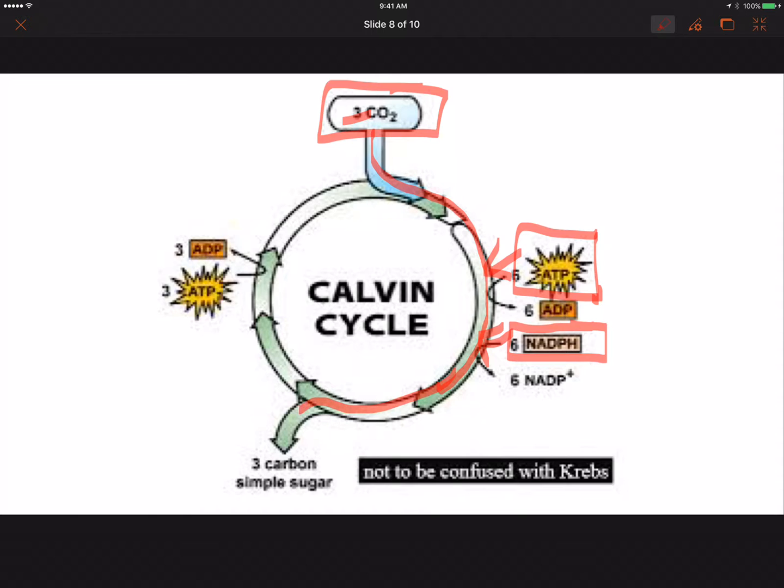It will result in a 3-carbon sugar, which is basically a half of a glucose molecule. Now, if you remember our equation for photosynthesis, what goes in are 6 carbon dioxide molecules. So we need 2 rounds of this Calvin cycle.